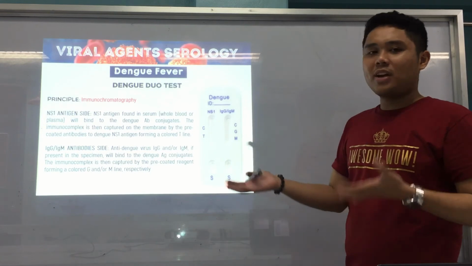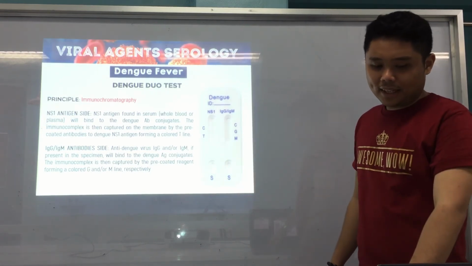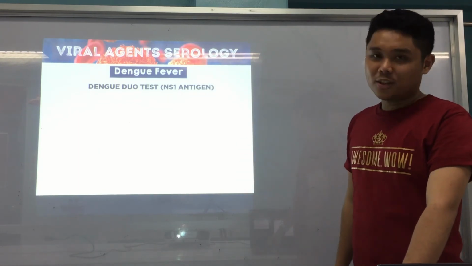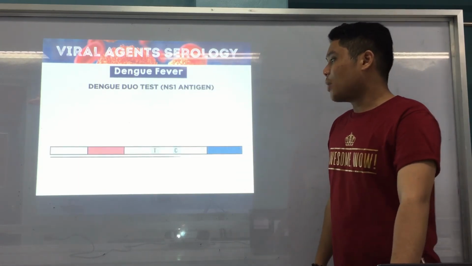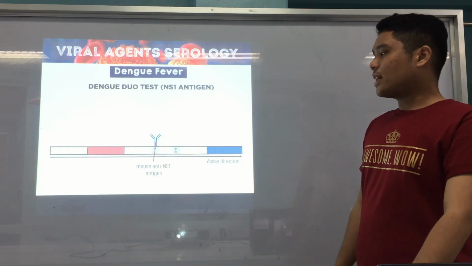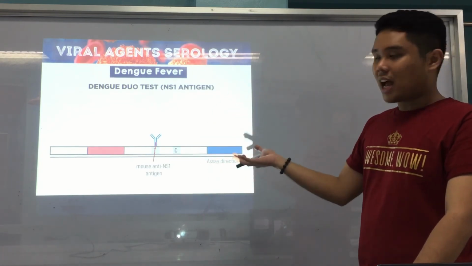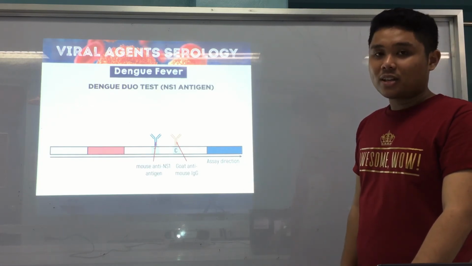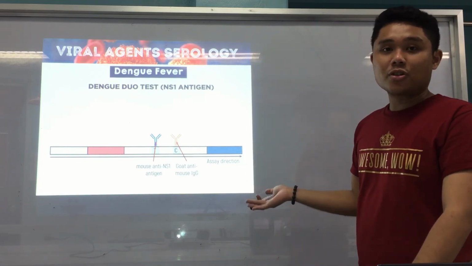So immunochromatography, I think you already know the principle, but for you to understand pa good, so illustration ulit. So again, NS1 antigen. For the test band, it contains a mouse anti-NS1 antigen, and for the control, it contains goat anti-mouse IgG. Again, depending on the manufacturer. Alright.